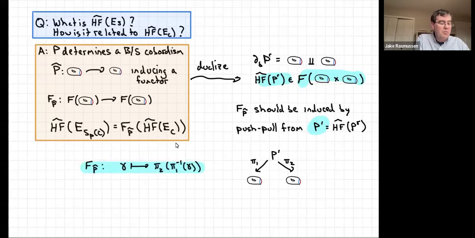So I have two projection maps from the product to either factor. I can push the Lagrangian down one way, I can push the Lagrangian down the other way. And what does this FP hat do to curves? Well, I have some curve down here. I take its preimage up here, and then I push it forward. Okay, so in the best of all possible worlds, that would be how we could describe this functor.